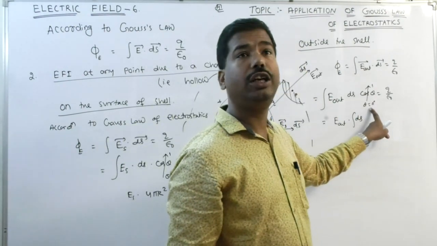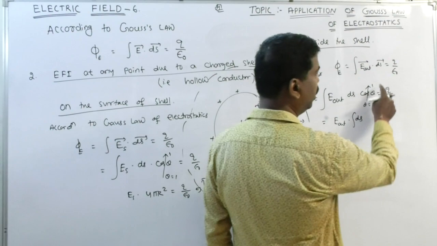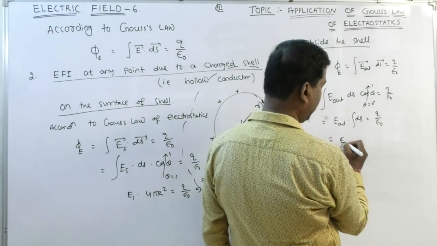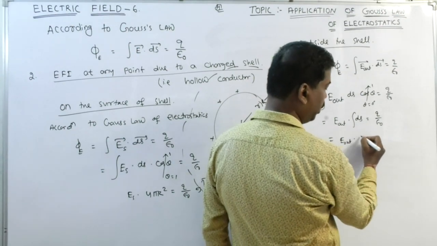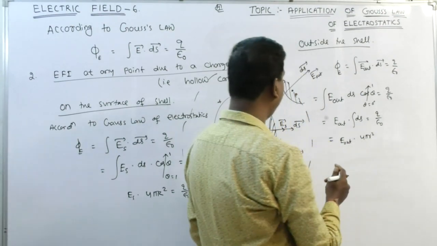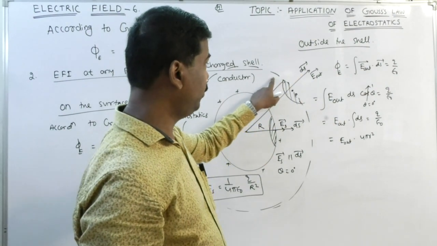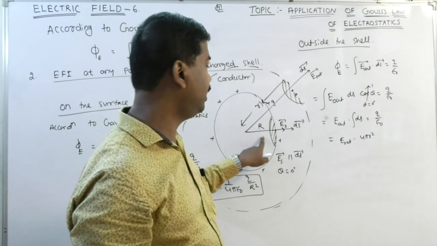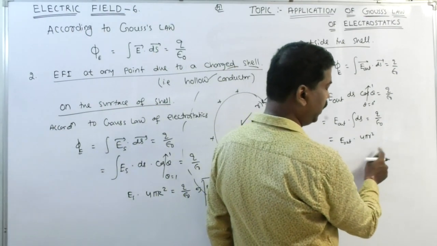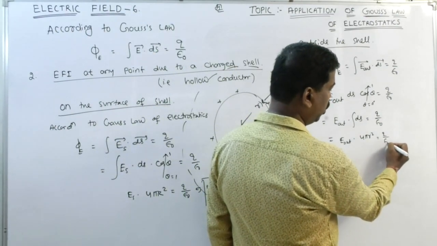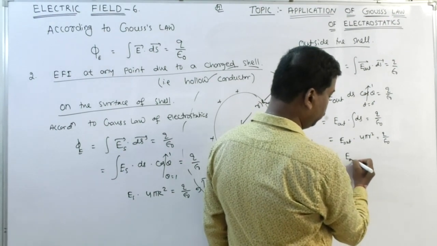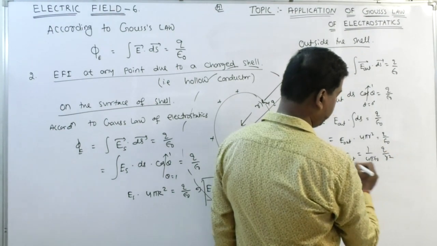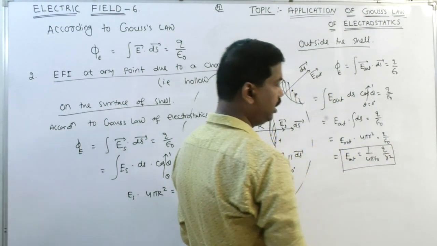So E out ds is equal to Q by epsilon 0, or E out times 4 pi r square is equal to Q by epsilon 0, because outside, the Gaussian surface radius small r is larger than capital R. Hence E out is equal to 1 by 4 pi epsilon 0 Q by r square. Clear?